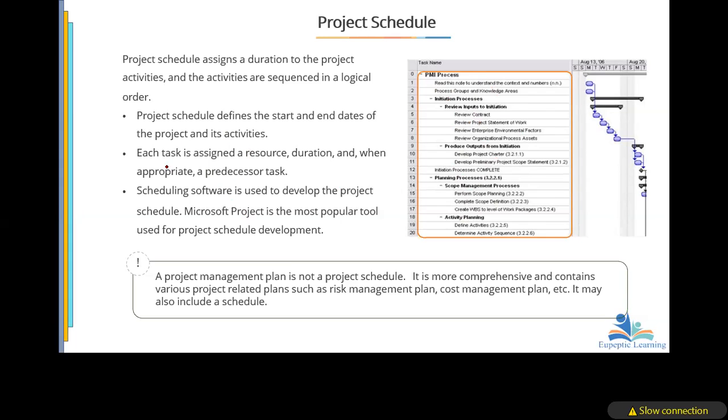It defines the start and the end date of the project and its activities. We assign resources and duration to each task. And then we also indicate which task is a successor or a predecessor. We look at all these things. And usually, like I said, MS Project is one of the most popular tools used within the industry.